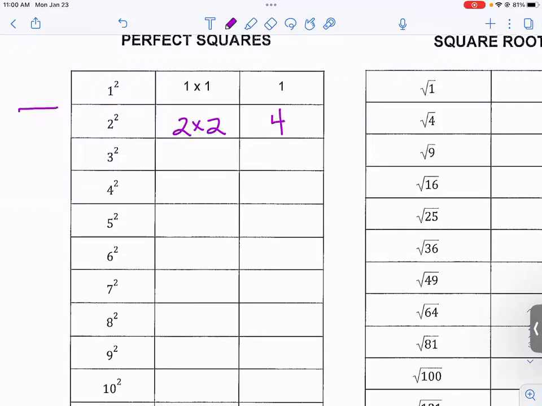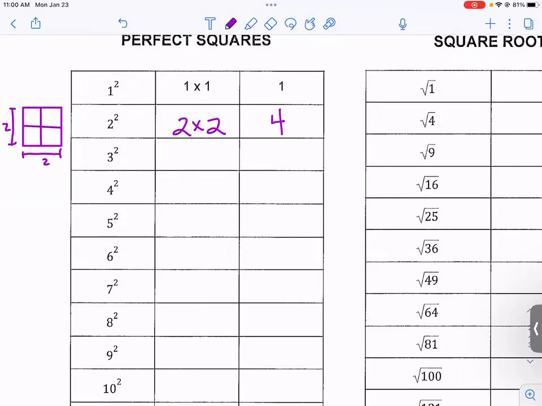And let me draw a little picture for us. Notice how this is 2 by 2. And how many squares are there? 4. There are 4. Okay, 2 by 2.